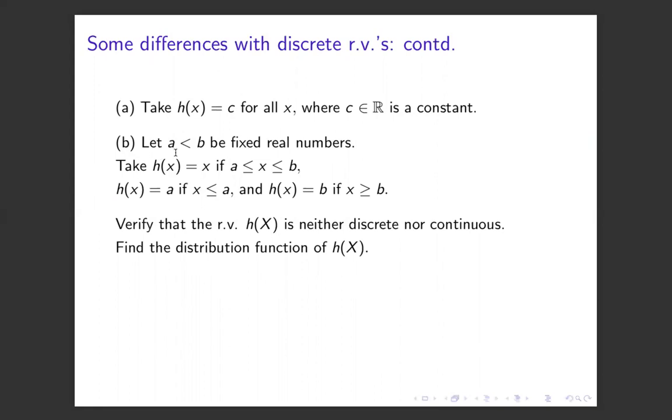And for a case where it is neither discrete nor continuous, take this example. Take an interval [a, b], and within that interval, h of x is x. Outside that interval, if x happens to be less than a, you equate it to a, and on the other side, you take it to be b.